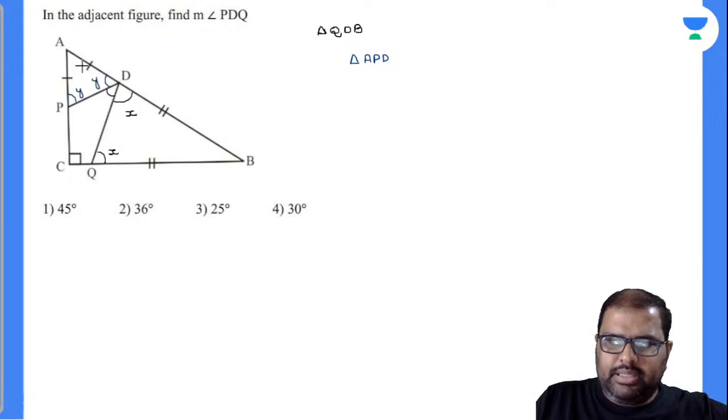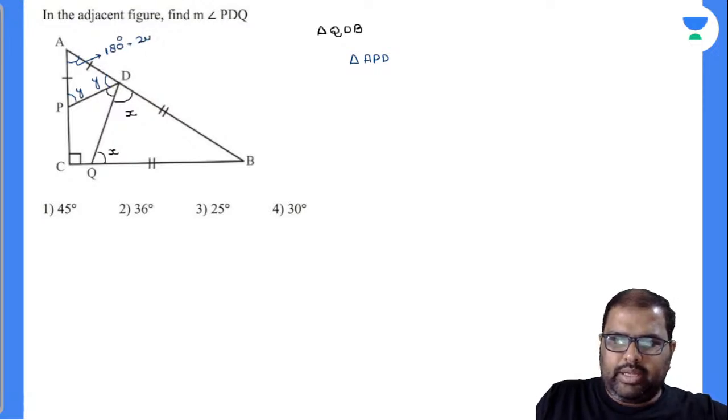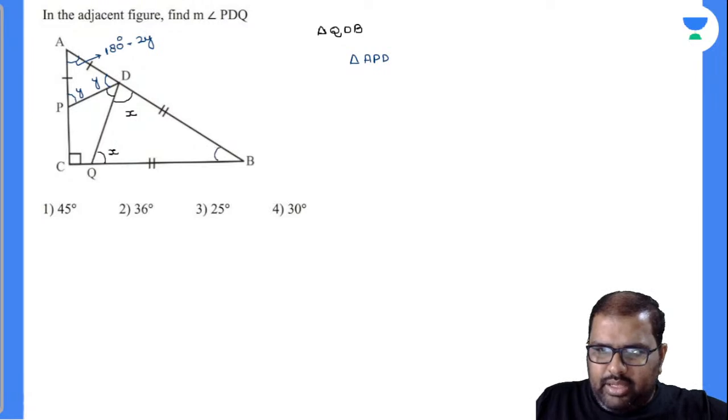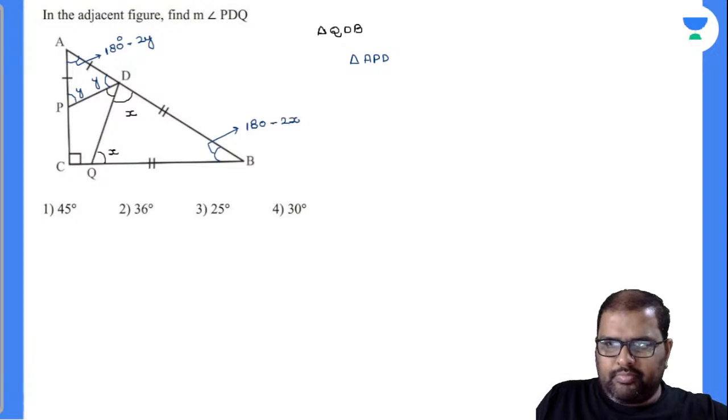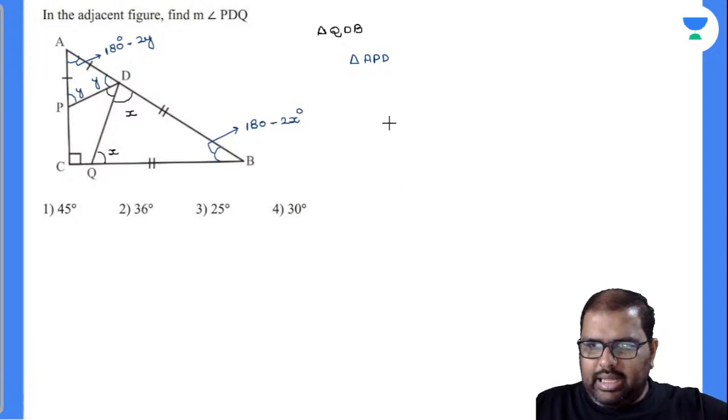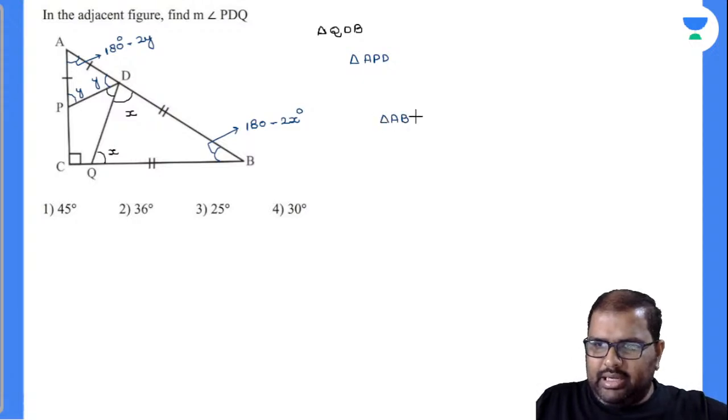Now how much will be this value? This value will be 180 minus 2y. This value will be 180 minus 2x. Am I right or wrong? So finally, I can write like this. Triangle ABC is a right angled triangle.